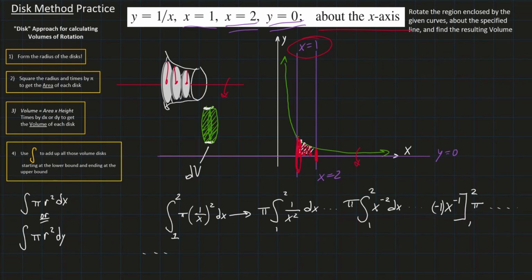Let me throw in 2 in there. I'll get negative 1/2, minus, let me throw in 1 in there, I get negative 1. Can't forget that it's all multiplied by pi. And if I carry out that math, negative 1/2 minus negative 1, so negative 1/2 plus 1, just a 1/2, times pi will get me pi over 2.